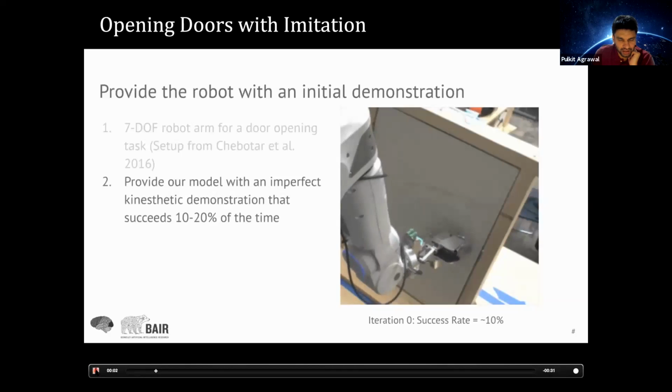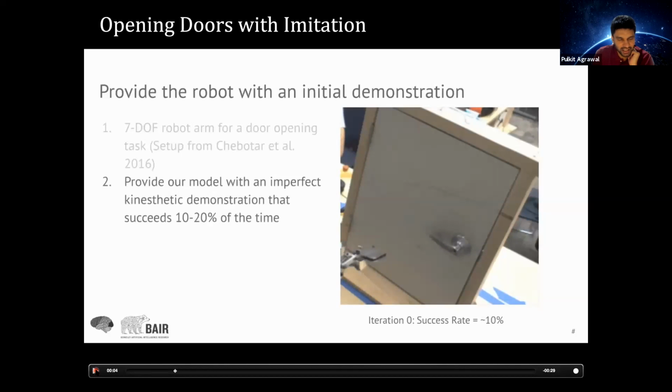Now, in order to communicate what the task is, what these people did is to give some demonstrations of the robot performing the task, but these demonstrations were not very good, right? They succeeded only 10 to 20% of the time. And there's a term which is kinesthetic demonstrations. What does this mean? This means the kind of demonstrations in which you manually move the robot.